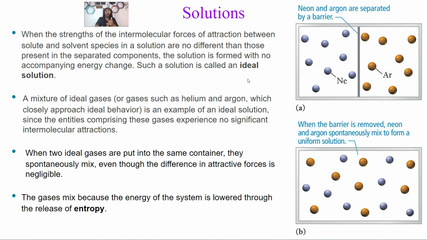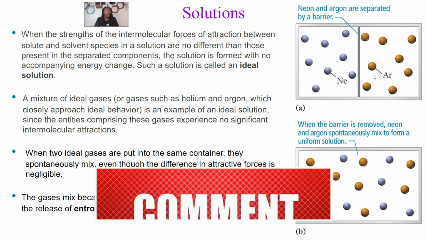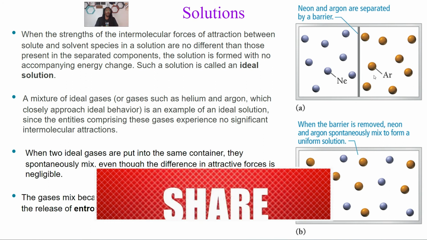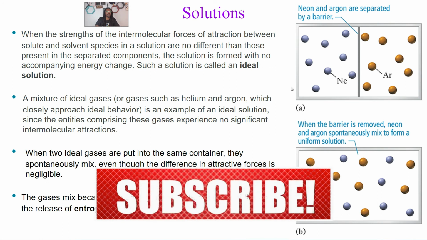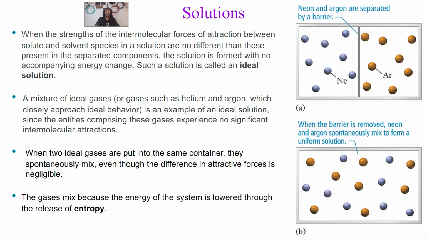And we see this when we're mixing together neon and argon. Notice, the same group, same properties. It's going to be an easy mix. It's an ideal solution going on there. And this is the case if we are talking about any, in this case, gases, or even if we think about the liquid solution example, to where we had one that was water, then one that was water with salt in it.